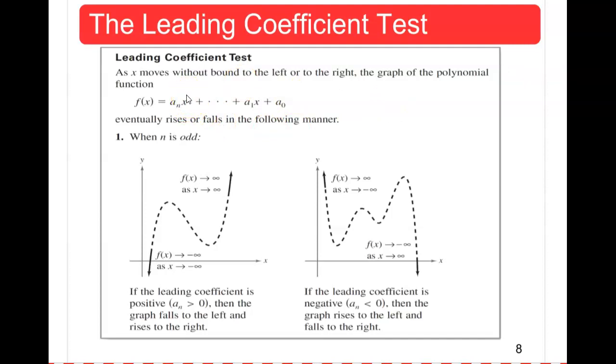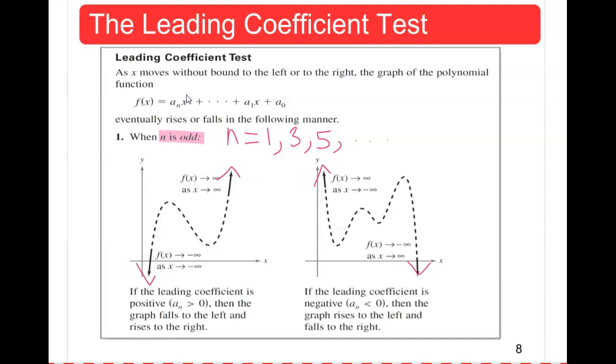So if that n happens to be odd, like the numbers that we already saw, for example, n is a 1, a 3, a 5, and so on, those are the odd numbers, then we have that opposite end behavior that you could see here. One side goes up, one side goes down. And so here's the key.